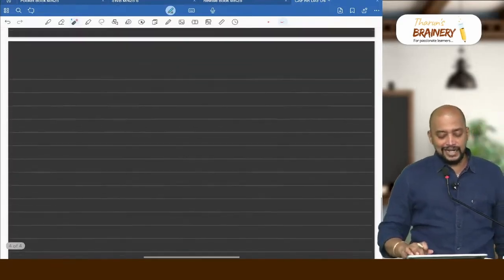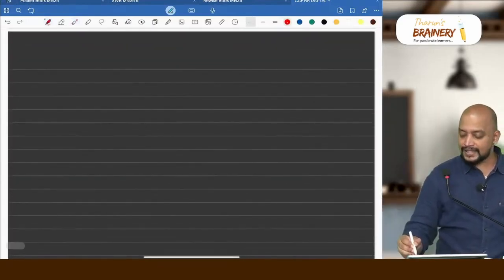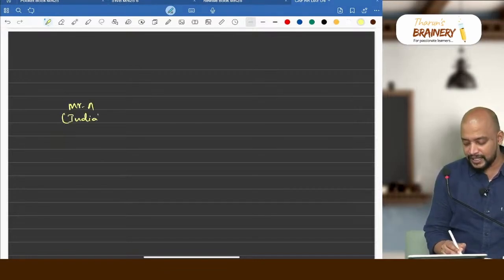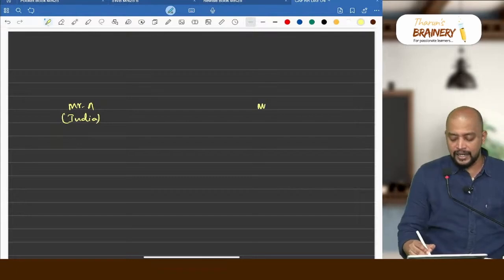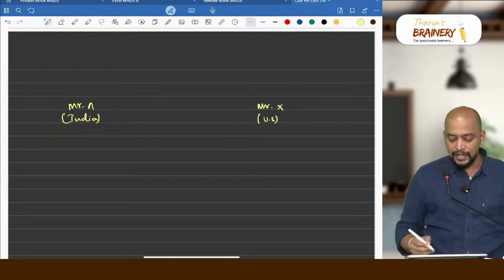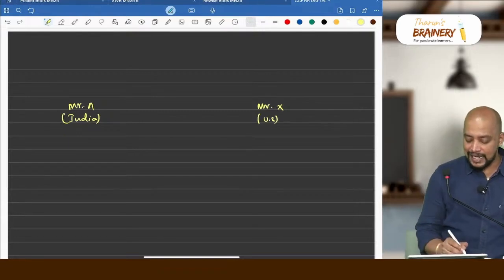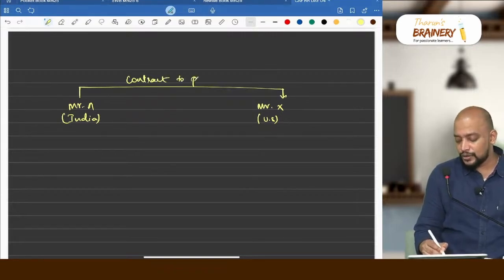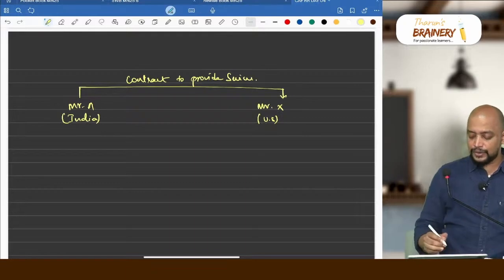Let's try to understand this particular circular through an example. Mr. A is located in India, who entered into a contract with Mr. X, who is in the US, to provide services.